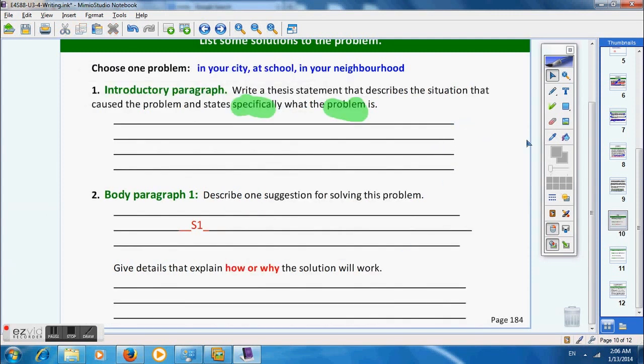So let's review again. State the problem, maybe in your city, at school, or neighborhood, the place that you stay now. And then paragraph 1, a suggestion for solving the problem, and then you give details that explain how or why the solution will work.